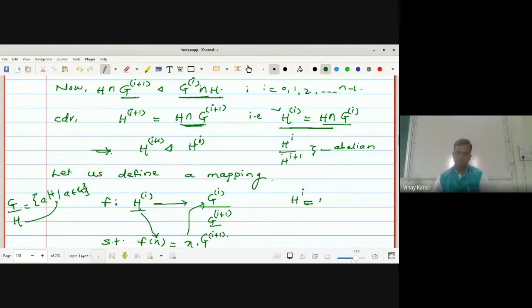This is H intersection G raised to i, which is contained in what? Which of the two is smaller? Since we have taken the intersection, this will be smaller. So this is contained in G raised to i, that is the ith derived subgroup of G. That means if an x comes from H_i, it will automatically come from G_i. Is it correct?